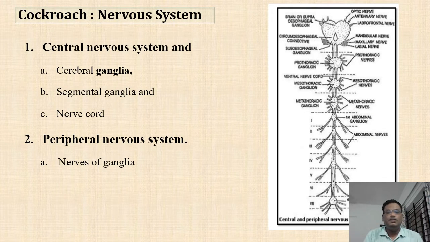Now, the nervous system of cockroach is mainly divided into two parts. One is central nervous system, in short, we can call it as CNS, and the peripheral nervous system, you can call it as PNS. So the central nervous system of cockroach is represented by ganglia, the cerebral ganglia, and then the segmental ganglia.